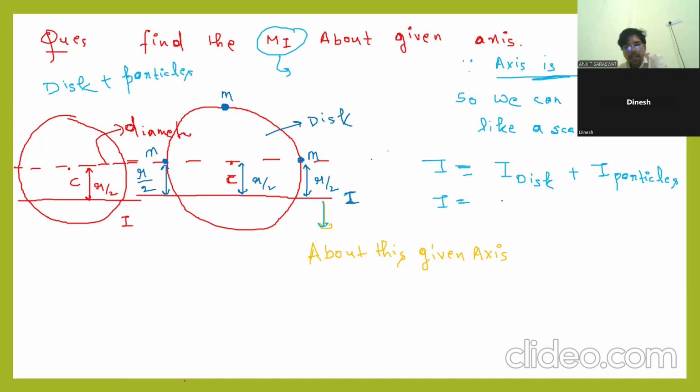So it will be I_D plus MR square. Clear?